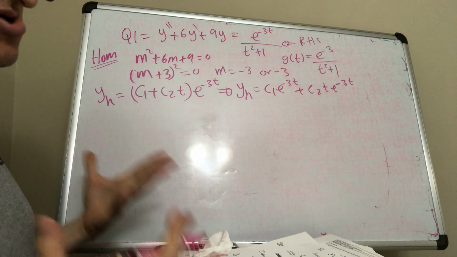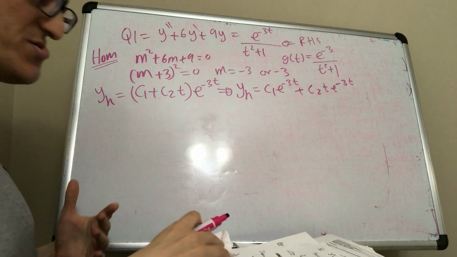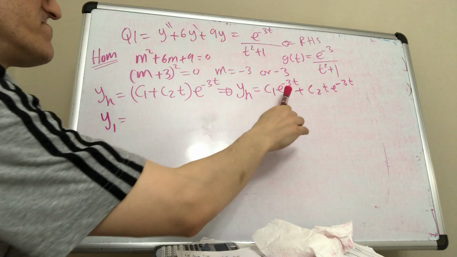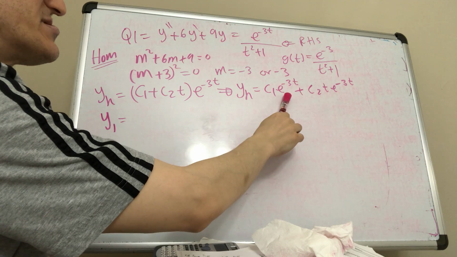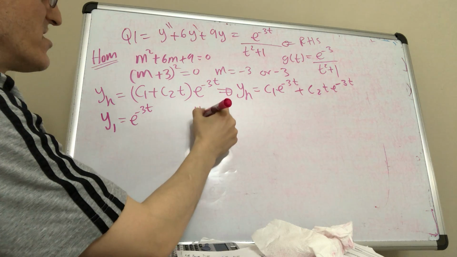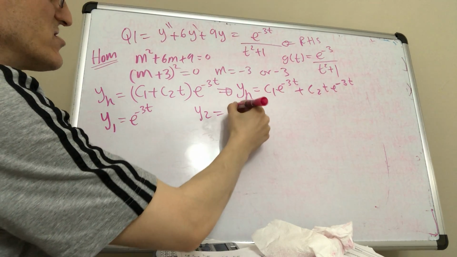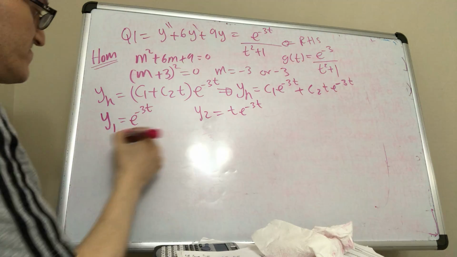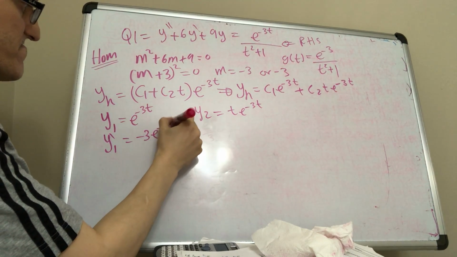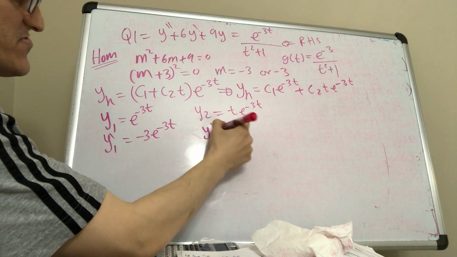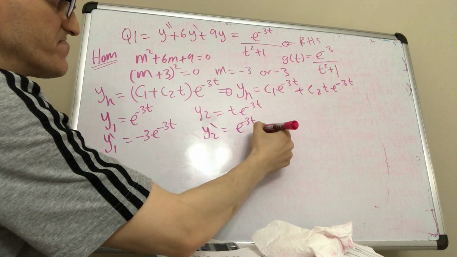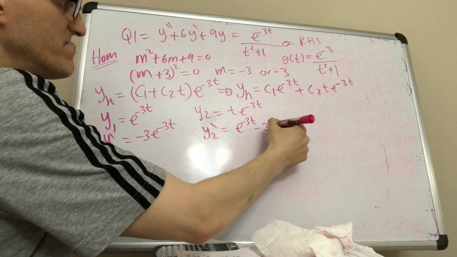Now we apply the new concept to find your particular solution. Y1, we take the first one without the constant. Y2, we take this one without the constant. We find the derivative of this, and we find the derivative of this, which is e to the minus 3t, it's product rule.